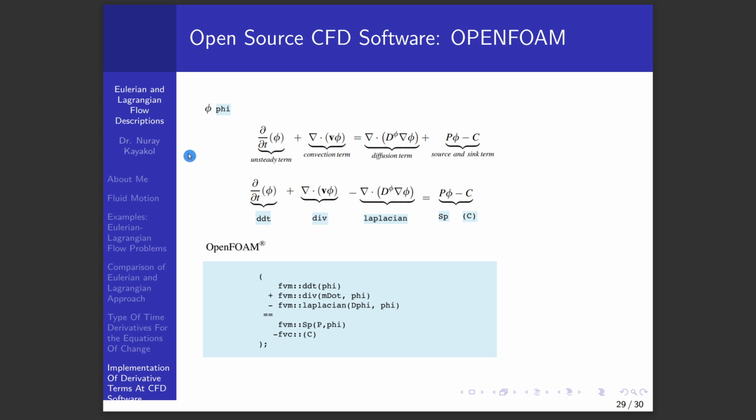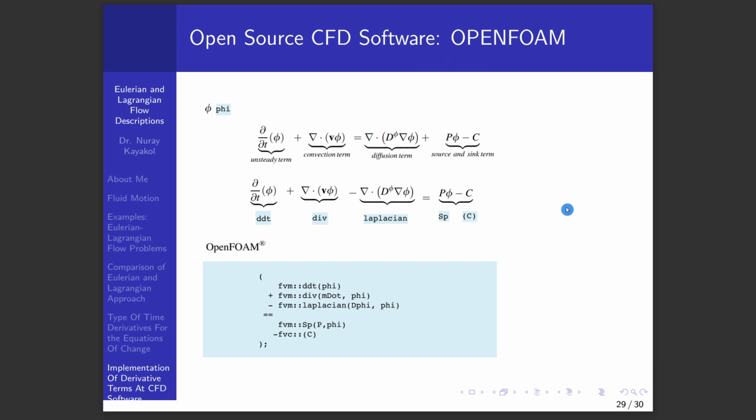And the transport equation, or you can also call it the Navier-Stokes equation, has four terms. On the left-hand side, we have the unsteady term, and then the convective term. The unsteady term, remember, was the Eulerian approach, and then the convective term. If you add these two terms, you will have the substantial derivative of phi. On the right hand side, there's a diffusion term and then a source term.